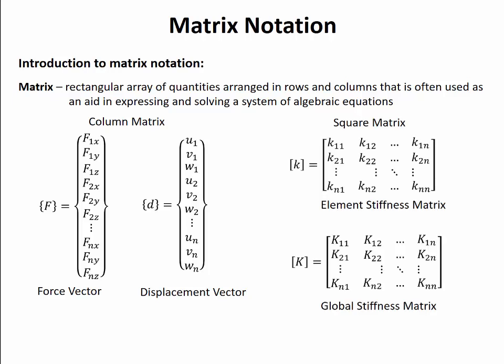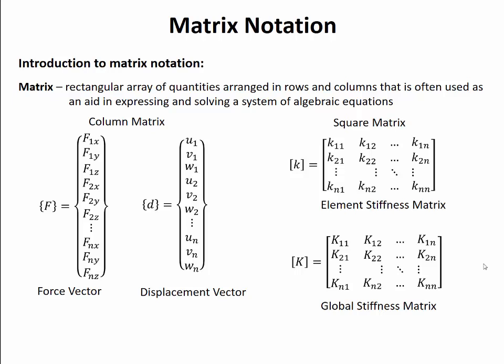We could also talk about a square matrix. A square matrix has the same number of rows as it does columns, hence it's square. But a matrix doesn't have to be a column or a square, though in matrix structural analysis, we're often dealing with square or column matrices. Again, if it's a column matrix, we also typically call it a vector.